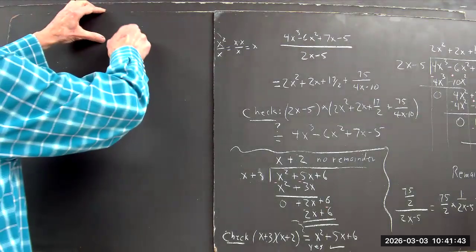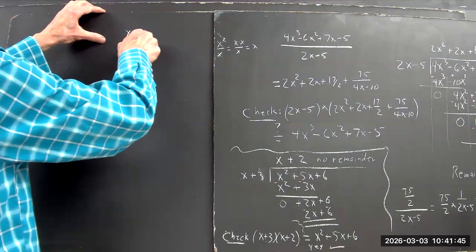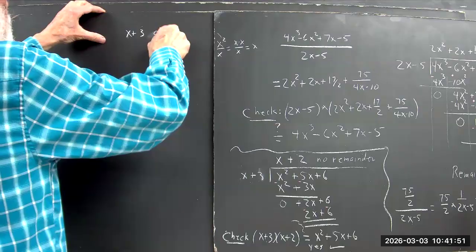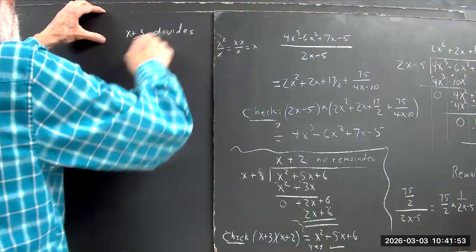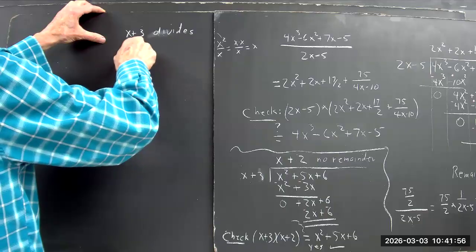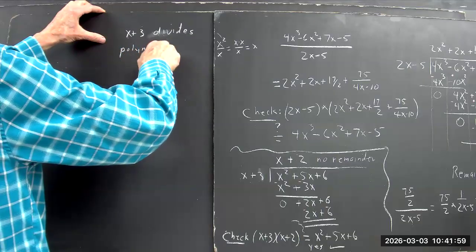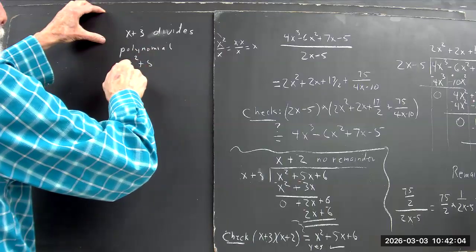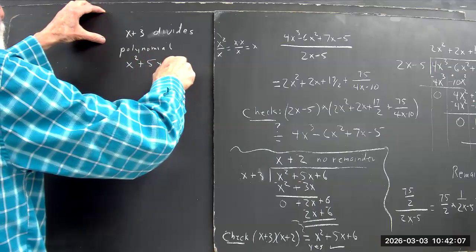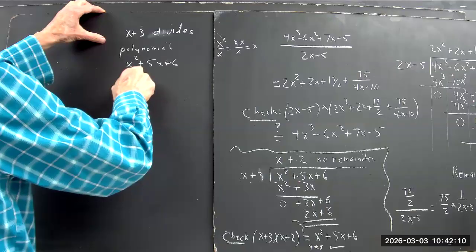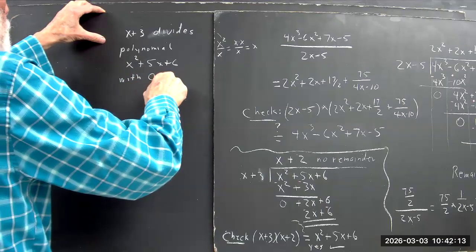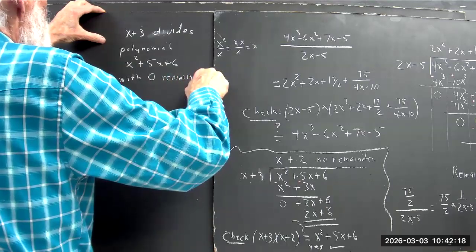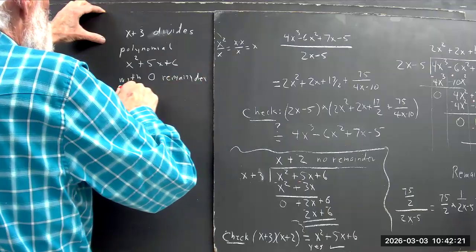Okay, so we've seen x plus 3 divides the polynomial x squared plus 5x plus 6 with 0 remainder.